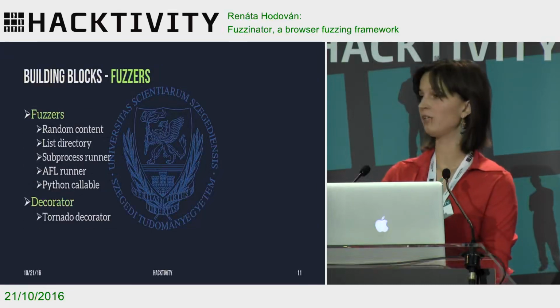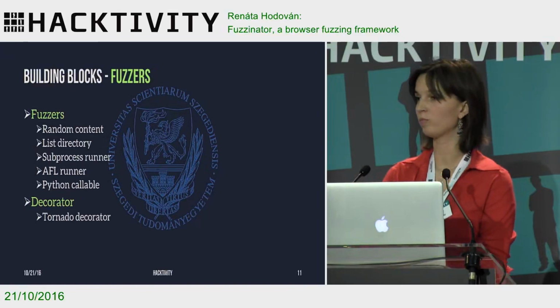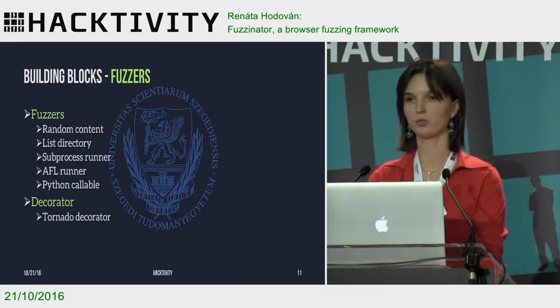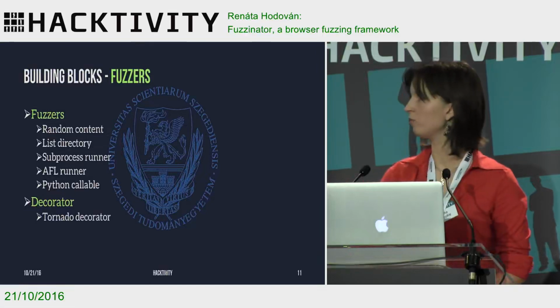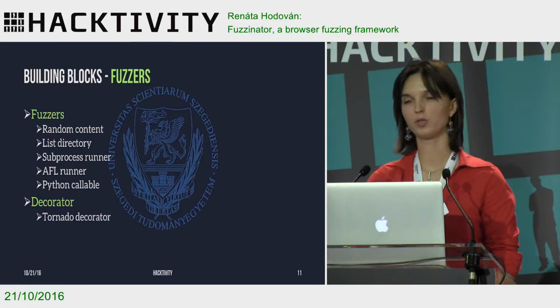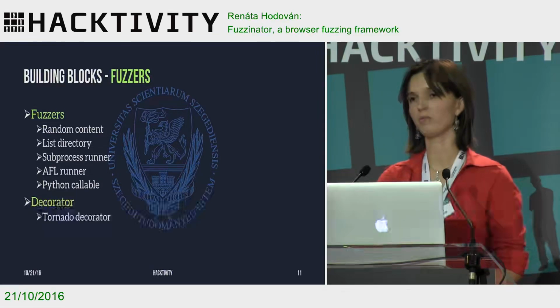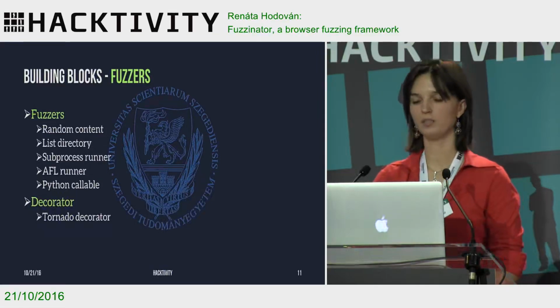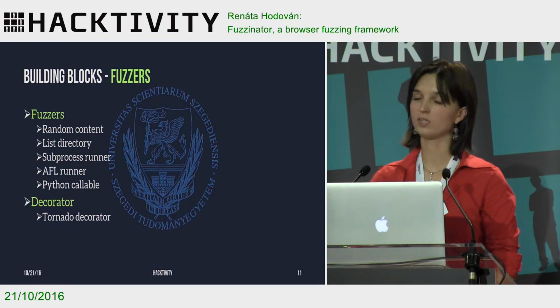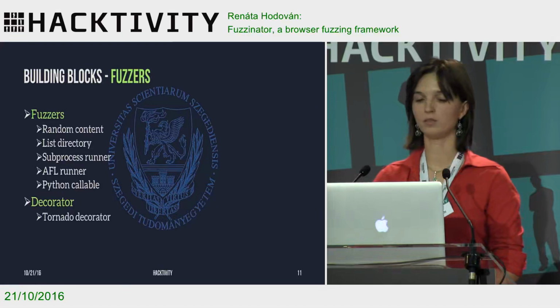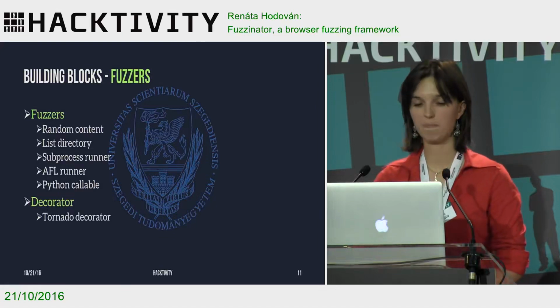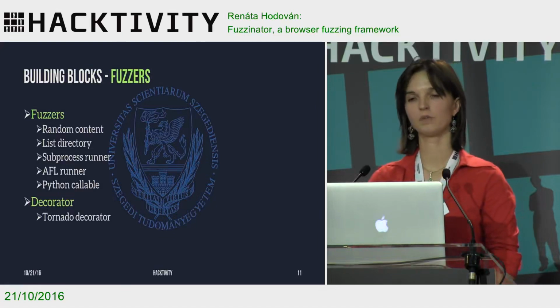Speaking of fuzzing, we have some predefined solutions for the most general fuzzing steps. For example, we can generate random strings, or we can iterate over a directory and get test cases from it one by one and feed them to the target application. Or if you have an external test generator, then you can use subprocess runner, which will execute your generator and feed the generated test cases one by one back to the target application.